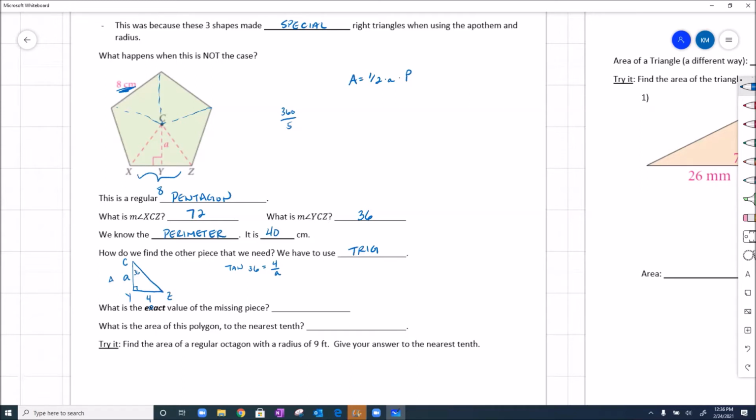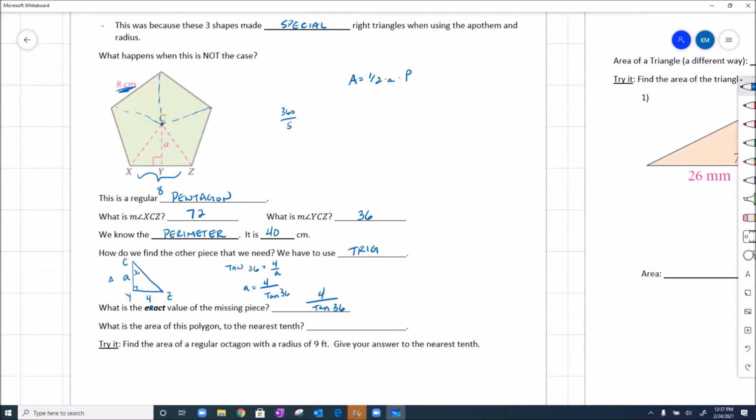To get A by itself, A equals 4 over tangent 36. Okay, so what's the exact value of this piece? 4 over tangent 36.